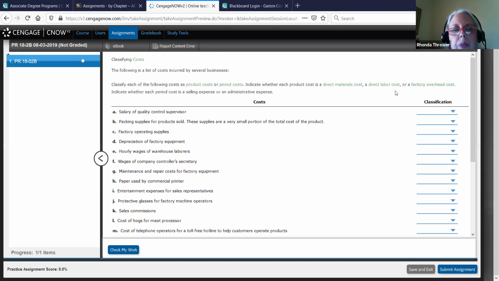Now, your factory overhead costs can be your indirect materials, your indirect labor, and any other factory cost that you might incur. So when we talk about the salary of a quality control supervisor, I think of someone that's on the line and supervising the actual manufacture of the product itself. They're making sure that the product is as it should be.